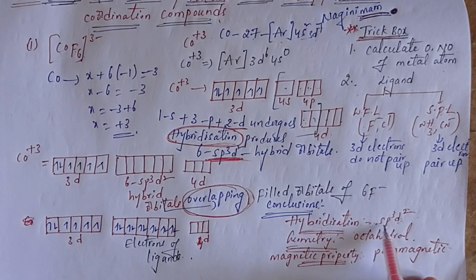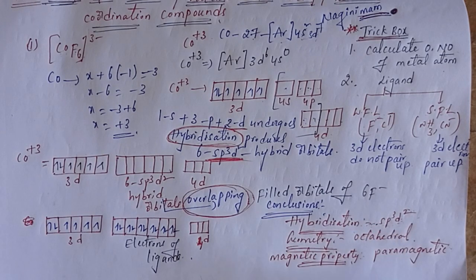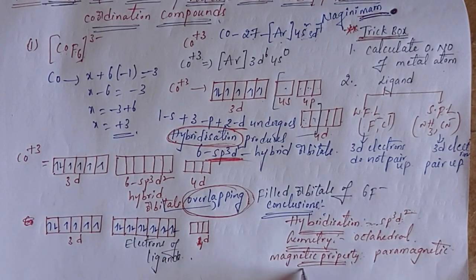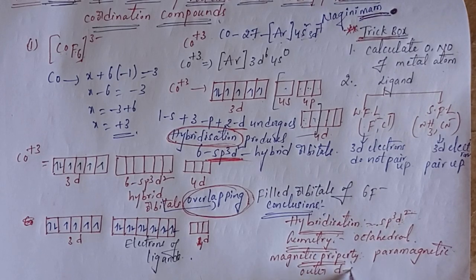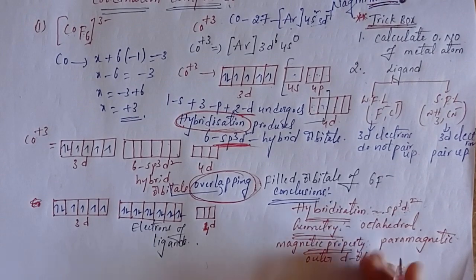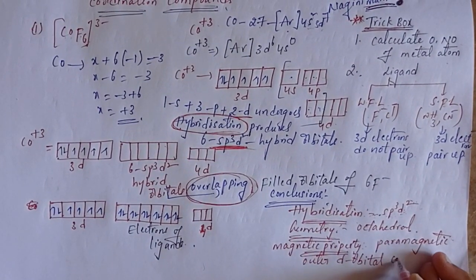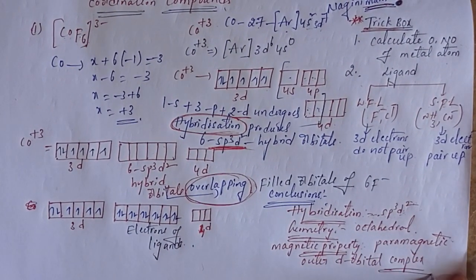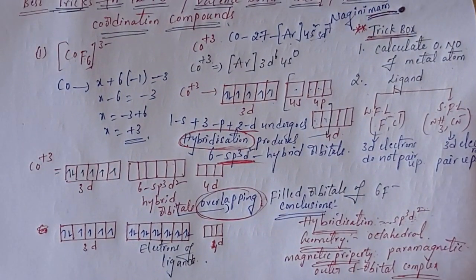If d orbitals are before sp3, that is an inner d orbital complex. So it is an outer d orbital complex. Clear, students?